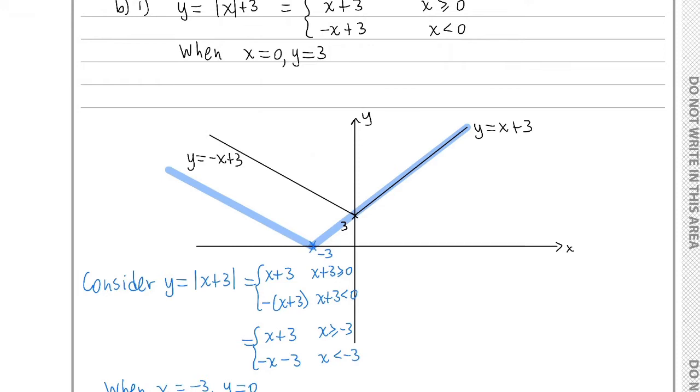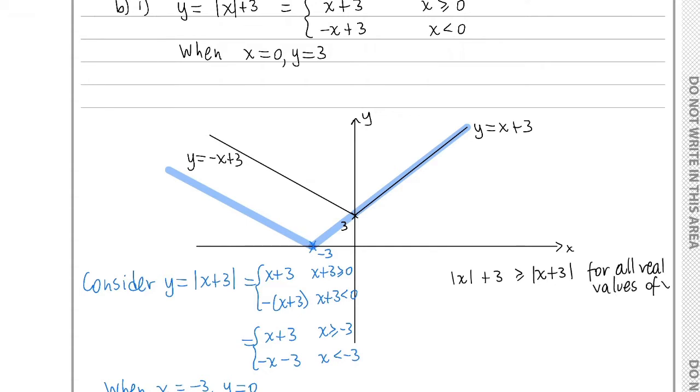So from the graph alone, we can see that it is indeed the case that the modulus of x plus 3 is greater than or equal to the modulus of x plus 3 for all real values of x.